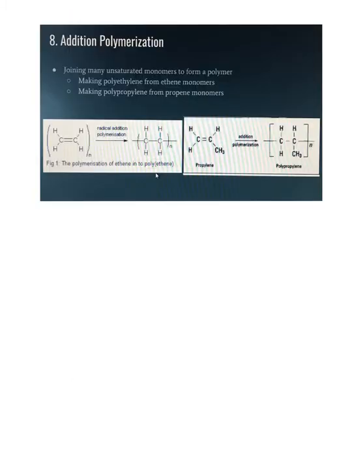On the next page you have addition polymerization, and this one is the same basic idea. You have monomers, but now they are made from unsaturated monomers, meaning they have to have a double or a triple bond. The example they give you is C double bond C, which is an ethene molecule, and you might have n of them. This n is telling you that you have that many ethene molecules.